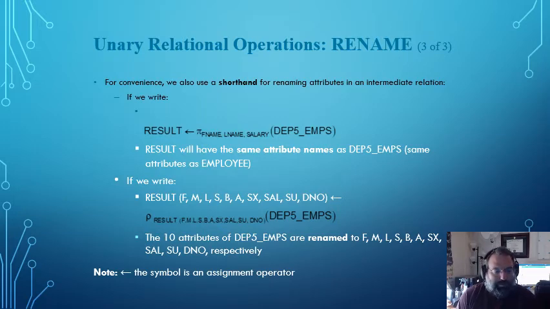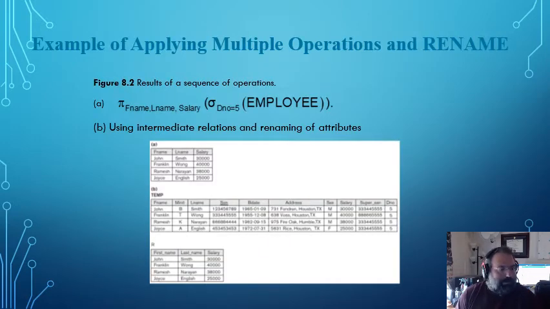However, if we write it as result and then list the attributes, we're essentially renaming them during the creation of that new relation. Note that the arrow symbol is an assignment operator, so it's basically taking on the value or assigns to. An example of applying multiple operations using rename is on the screen.